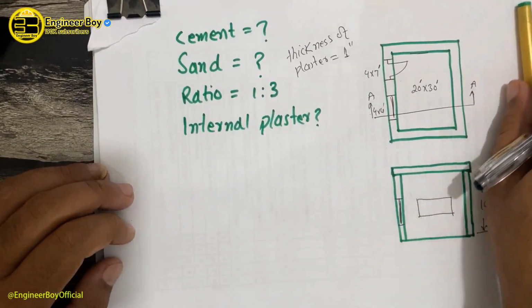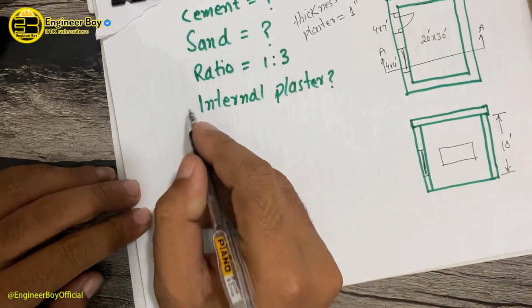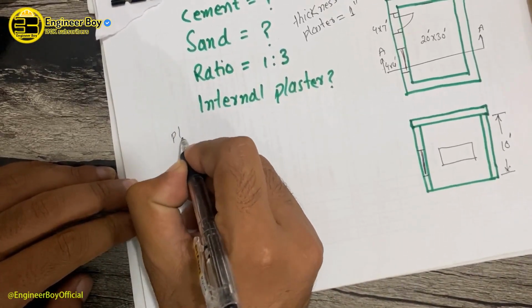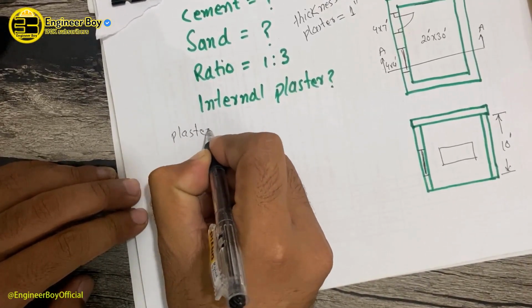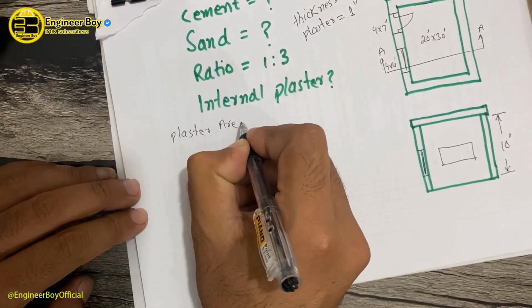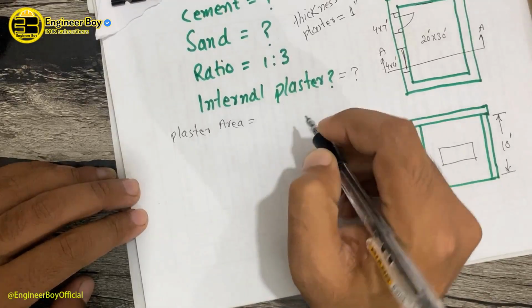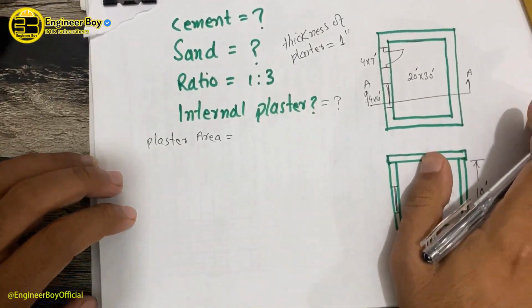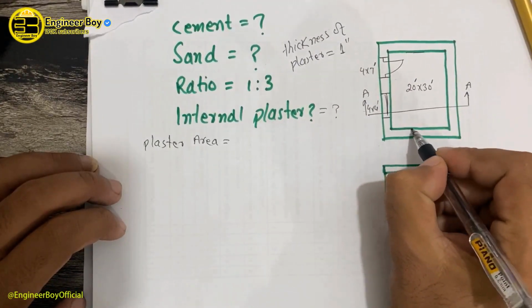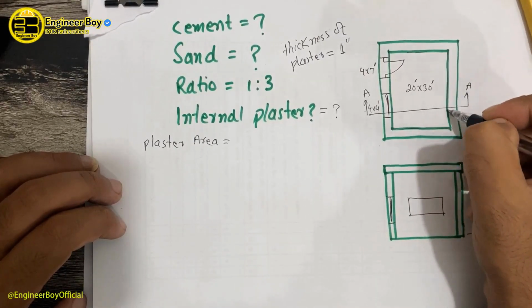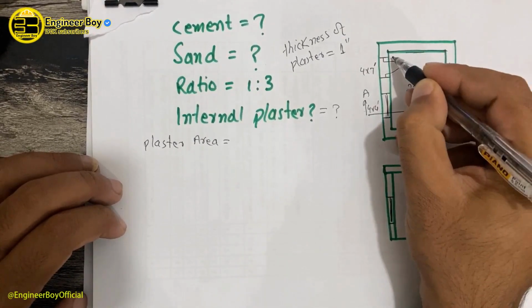Now the first thing I need is to determine the plaster area, the total area. As you can see, we are asked to determine the internal plaster only. So the plaster area is the internal perimeter of the room times the height.